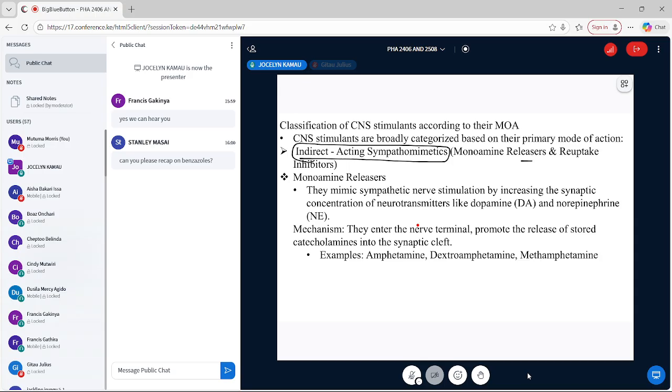Doxapram is mentioned because of abuse of narcotic analgesics or barbiturates, to trigger, or you can use it in such cases as respiratory depression. So that's the first category, the medullary respiratory stimulants.